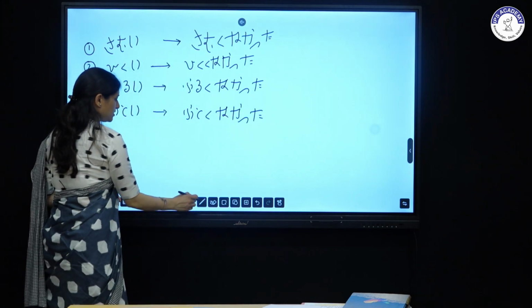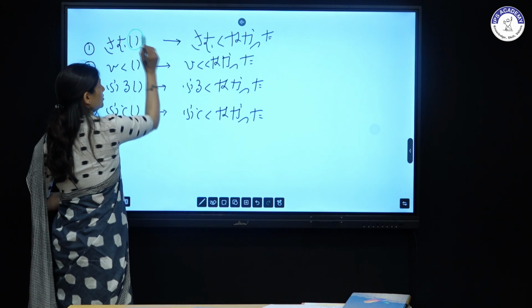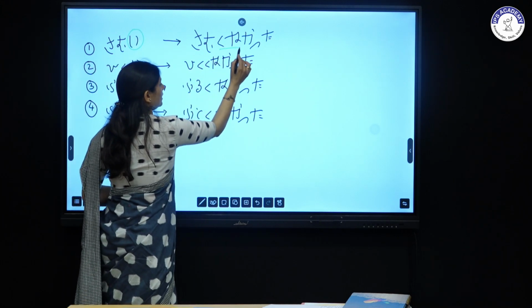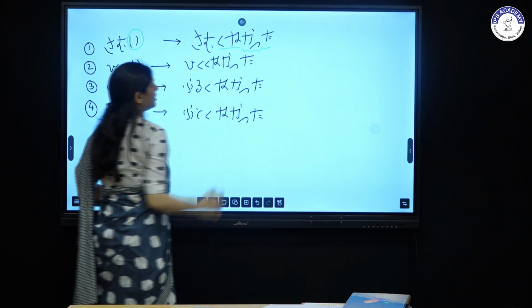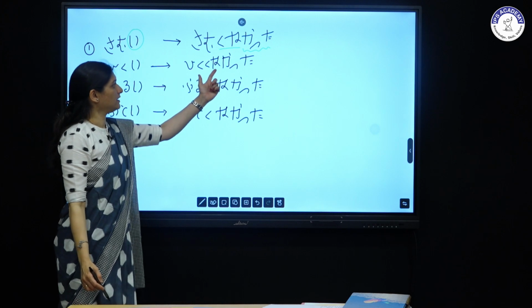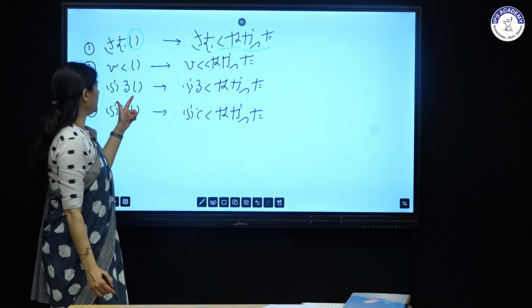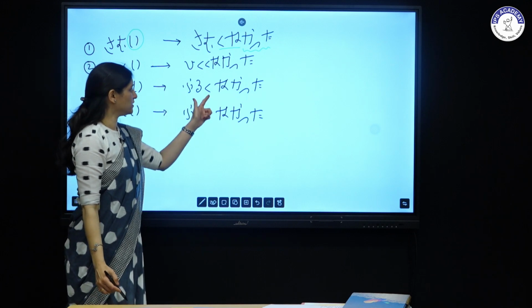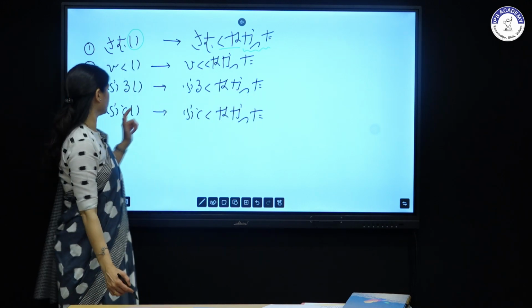In all the adjectives, I have replaced e with kunai, and then e of kunai is replaced with katta. Hikui, e gets replaced with kunai, and e of kunai gets replaced with katta. Furui, e gets replaced with kunai, and e of kunai gets replaced with katta.